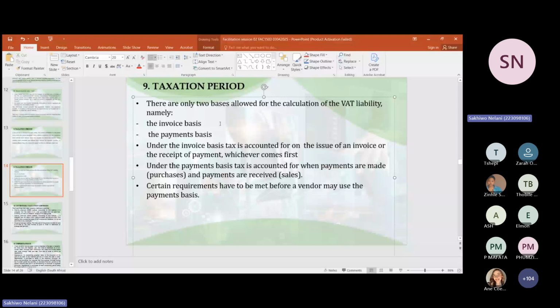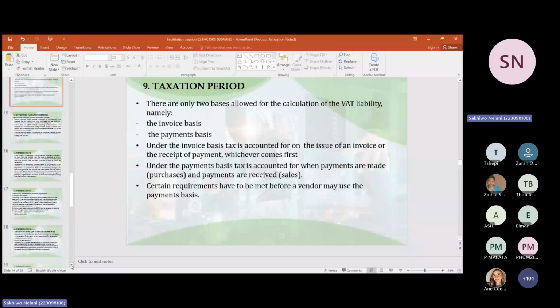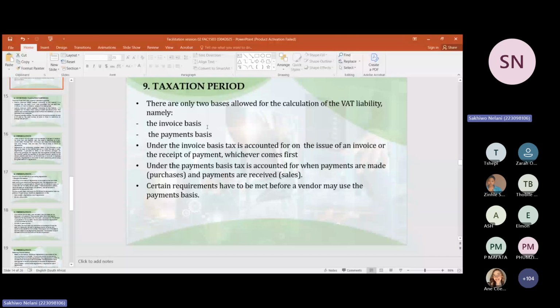These are the methods at your disposal. Because if you don't raise your VAT component on the invoice and wait until you receive money, you are not operating on an accrual basis. So the accrual basis must also take all its own components from now.